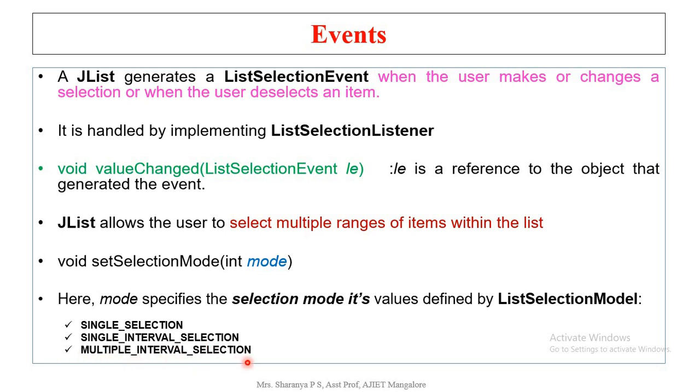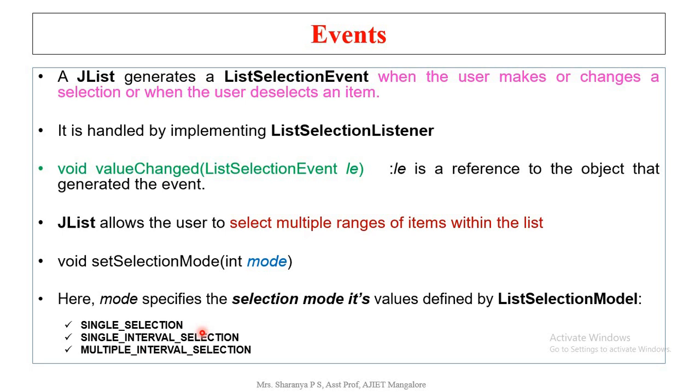The default is multiple interval selection, which helps the user to select multiple ranges of items within the list. In a sense, the user can select multiple items at a time. With single selection, the user can select only a single item. With single interval selection, the user can select one range of items.